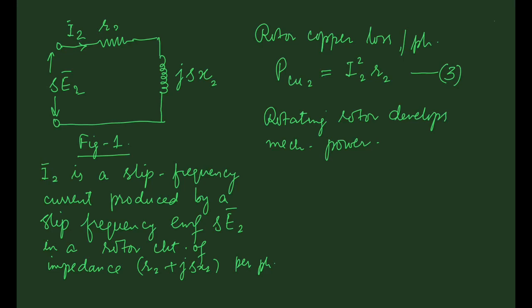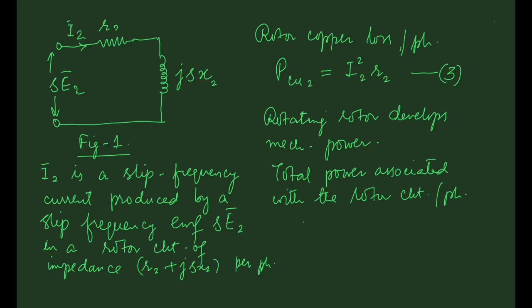And therefore, the total power associated with the rotor circuit per phase will be given by PG will be equal to PCU2, the rotor copper loss per phase, plus PM, the mechanical power developed per phase.